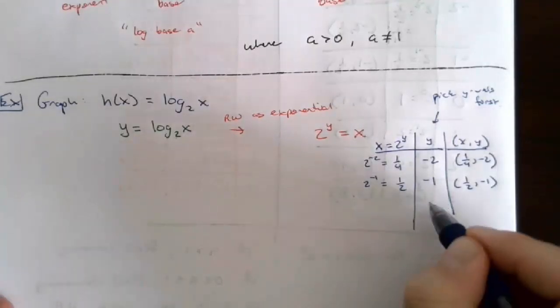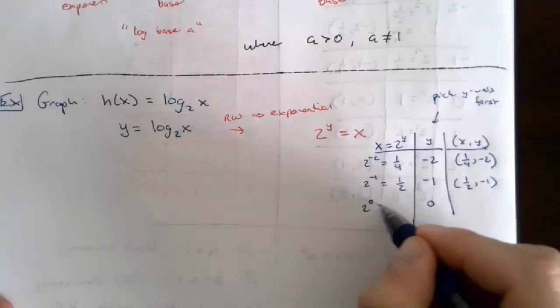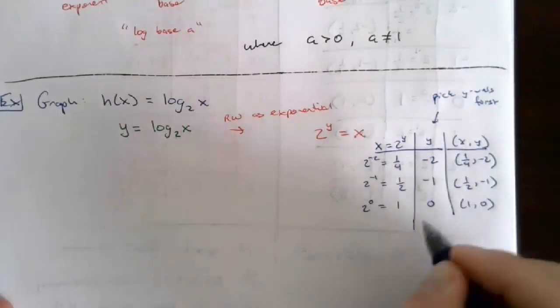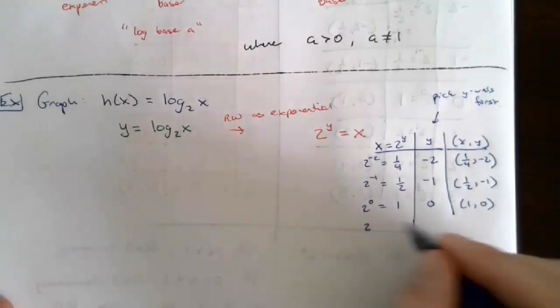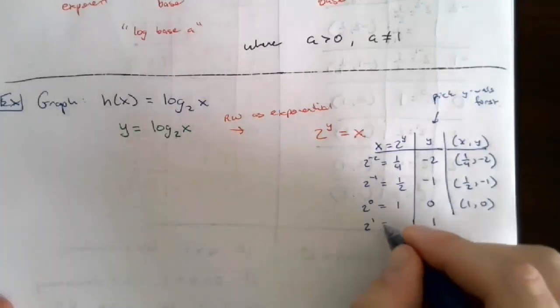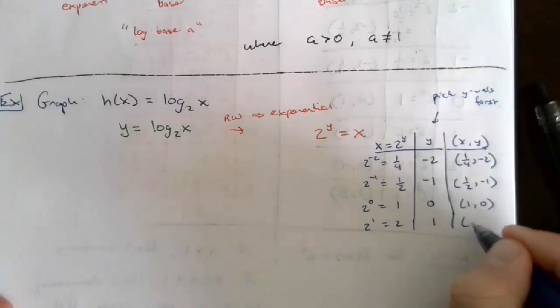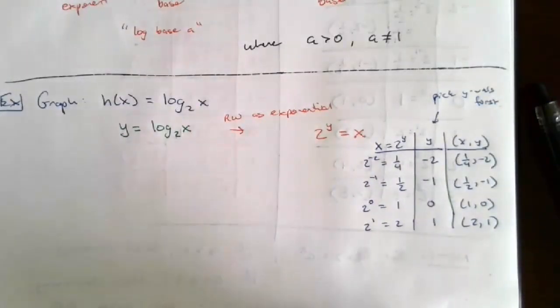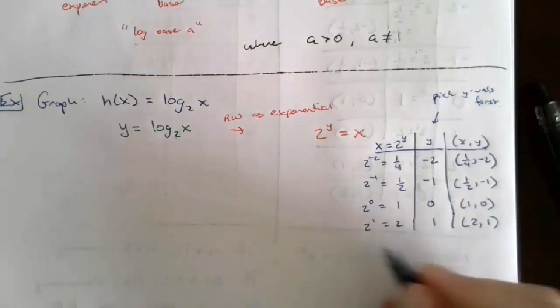The next value I'll pick for y is 0. So I'd have 2 to the 0 equals 1. So we'd have the point 1 comma 0. The next y value I'll pick is 1, so I'd have 2 to the 1, which equals 2, so this would be the point 2, 1. And then I'll pick maybe 2 more.